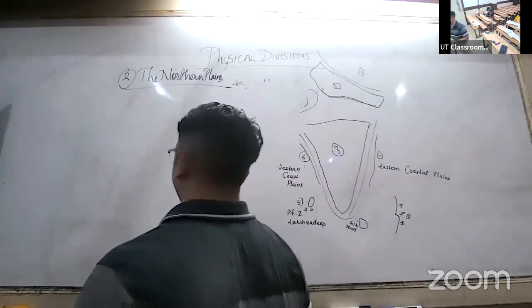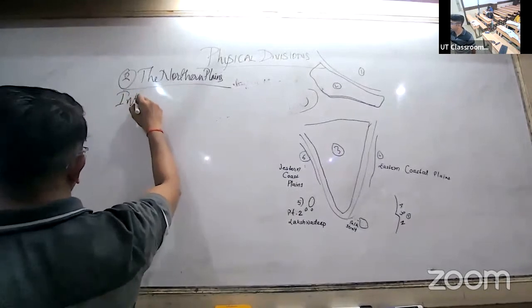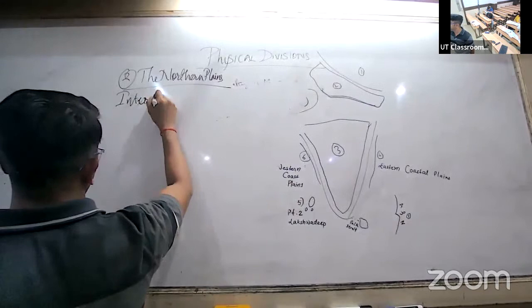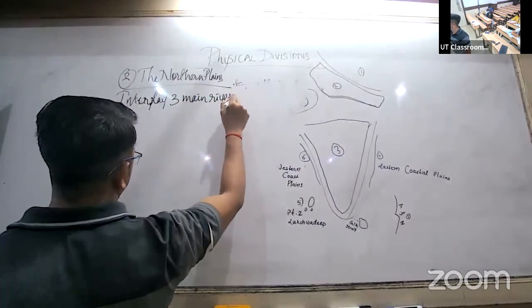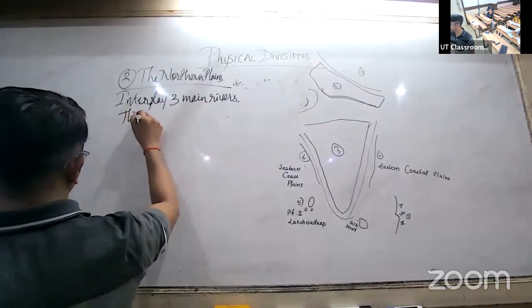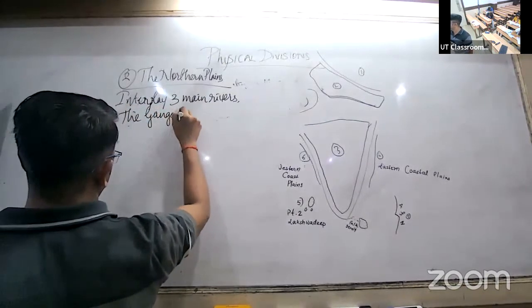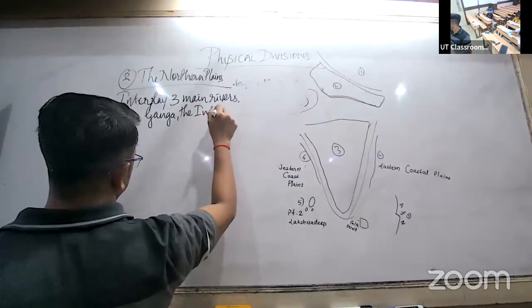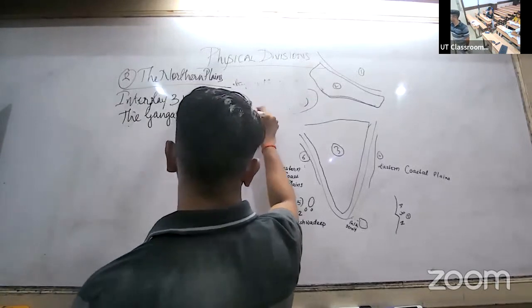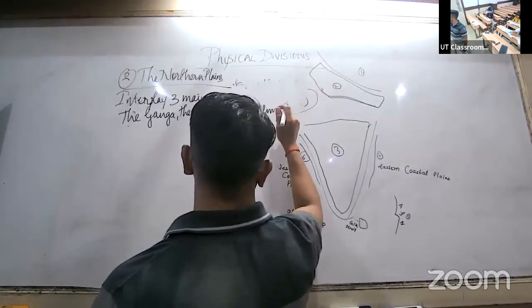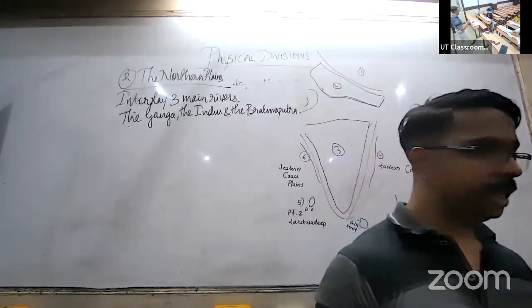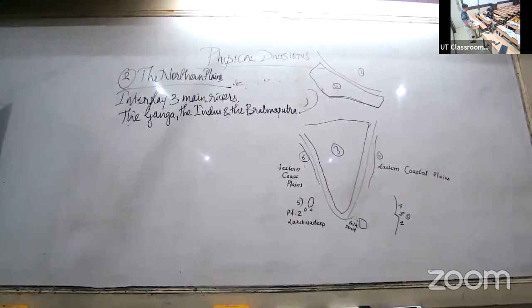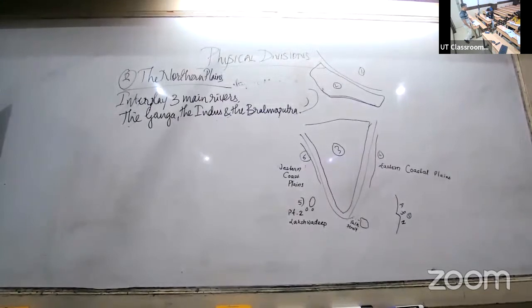It is the interplay of three main rivers, which means three rivers have come together: the Ganga, the Indus, and the Brahmaputra, along with all of their tributaries.